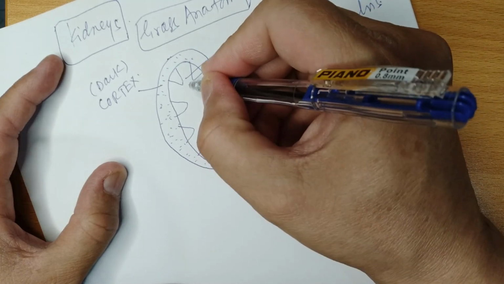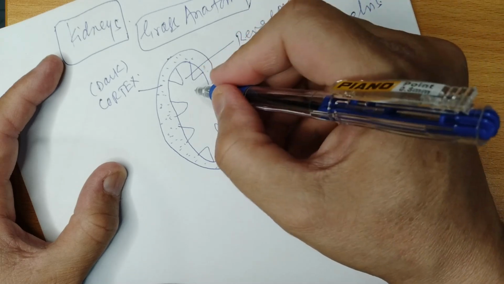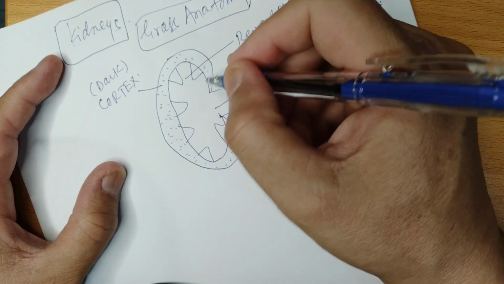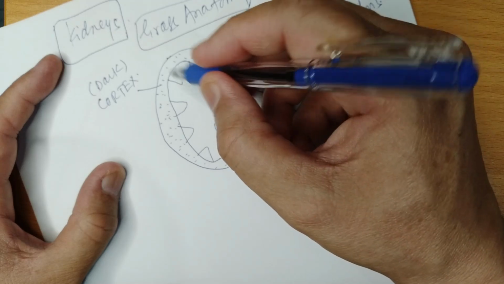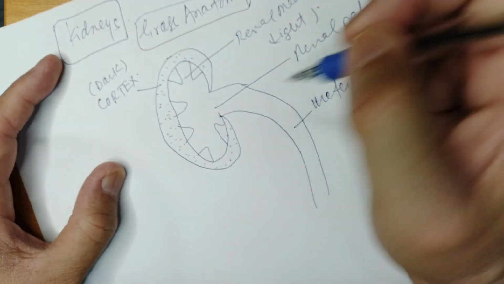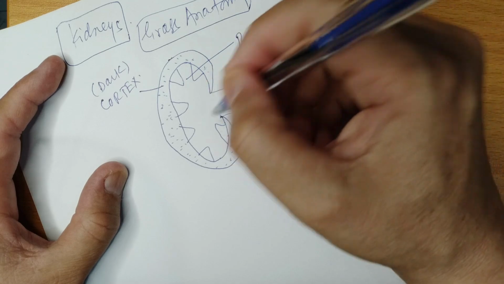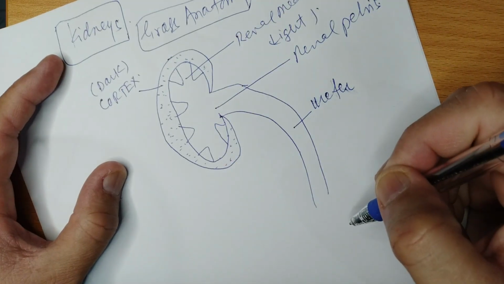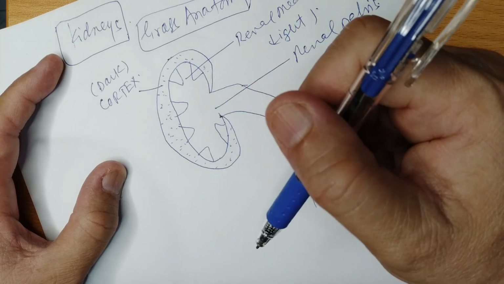At the tips of these pyramids, we have calyces, major calyces and minor calyces. The tips of the papilla open into the minor calyces, and they then open into the major calyces and into the renal pelvis, and it ultimately drains into the ureter. These are the gross features of the kidney.